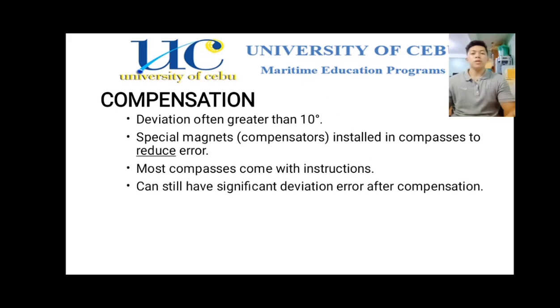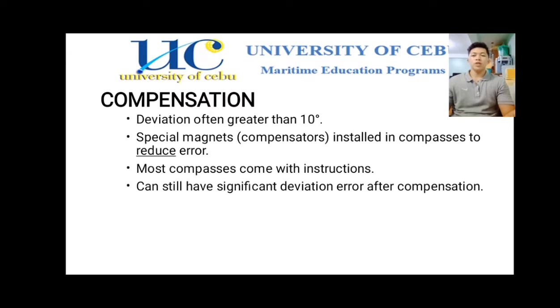Good day, I'm Cadet Kimbrel Rios. So let's continue with the compensating of a compass. Compensating a compass consists in adjusting the position of the two magnets in order to affect the horizontal component of the card by modifying the north-south and east-west deviation.